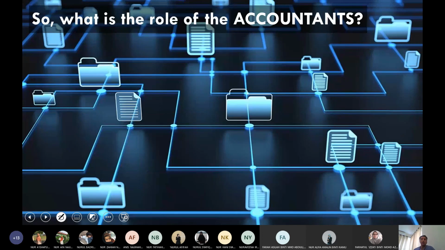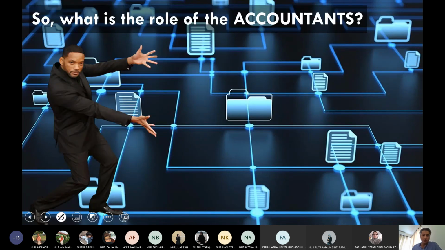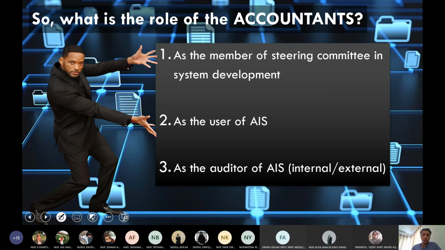Okay, so finally, what is the role of accountants within this IT accounting information system? There are 3 main roles. The first role is as a member of the steering committee in system development, if we are developing the system, or sometimes as a consultant.